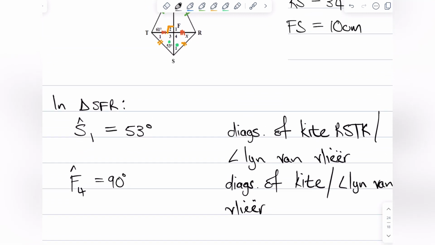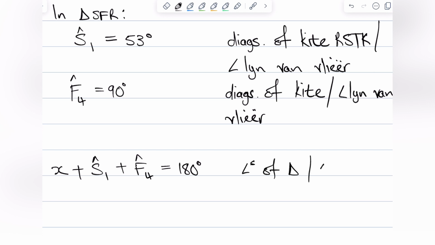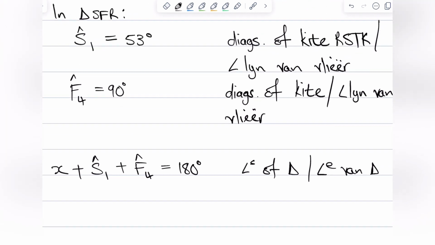And that means I can say then that x plus S1 plus angle F4 is equal to 180 degrees. The reason is angles of triangle. Okay, and some of you might say, well, I don't want to write out the labels first. I can just go straight to the numbers and that's okay.